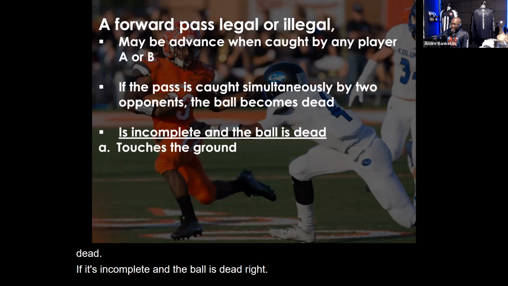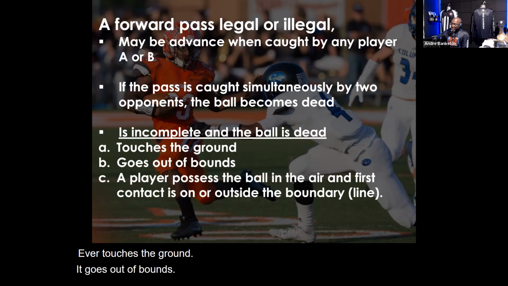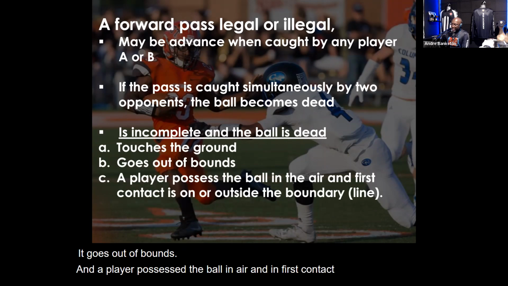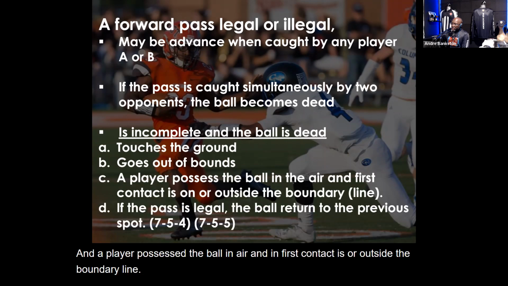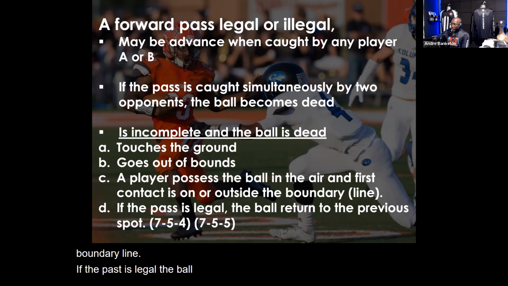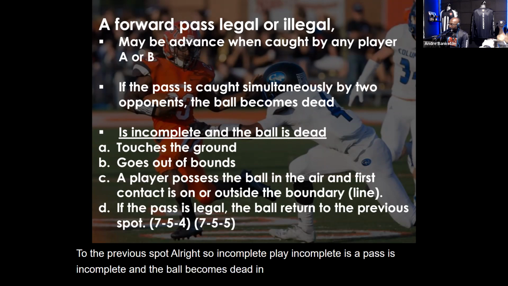If it touches the ground, goes out of bounds, or a player possesses the ball in the air and first contact is on or outside the boundary line. If the pass is legal, the ball returns to the previous spot. So a pass is incomplete, and the ball becomes dead, in those 4 instances.